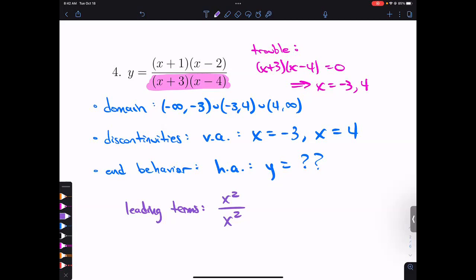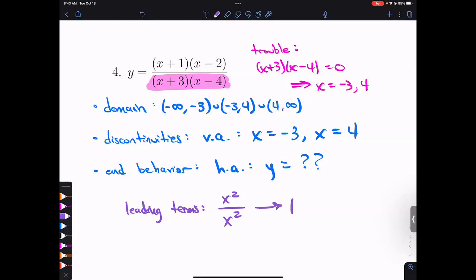Now, if you want to multiply the whole thing out to see what it is, go for it. If that helps you, then I'm not saying don't do that. I'm just saying you don't necessarily have to. The leading term is going to come from where this hits this, which would be x squared. And the bottom where this hits that, which would also be x squared. X squared over x squared would reduce to 1.